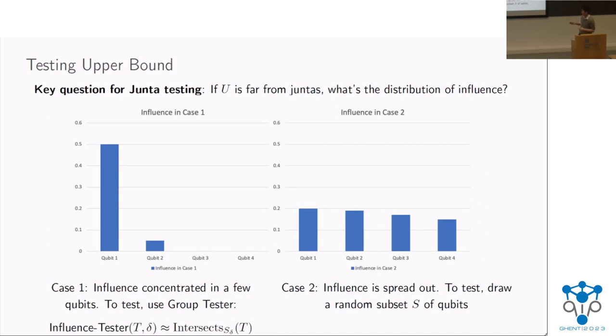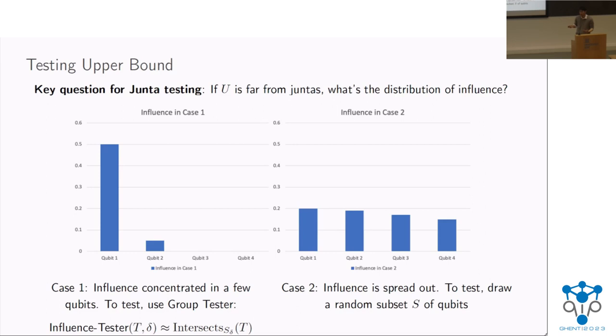In the first case, if you're trying to detect a distribution of influence that follows this form, then roughly you'll find that the influence tester, testing a subset of qubits, has an influence above a certain threshold.